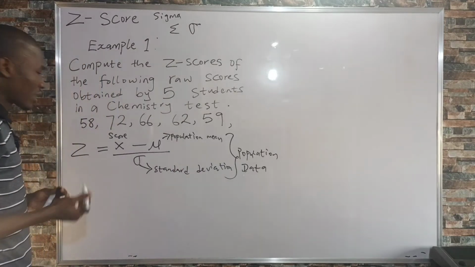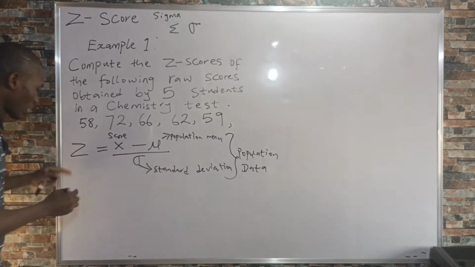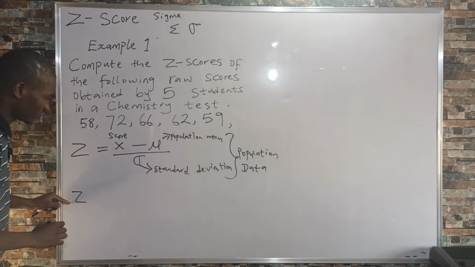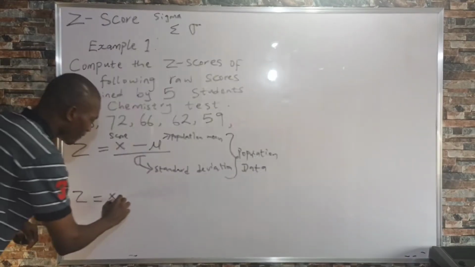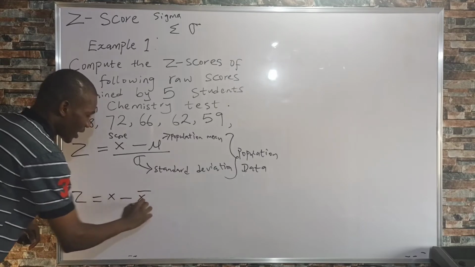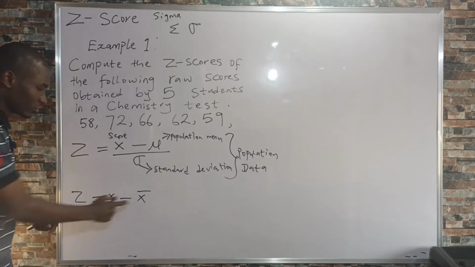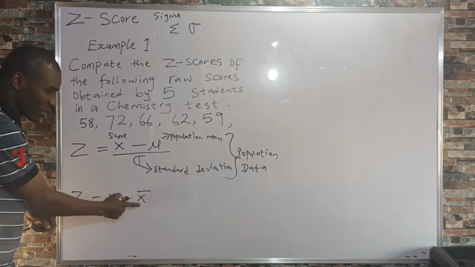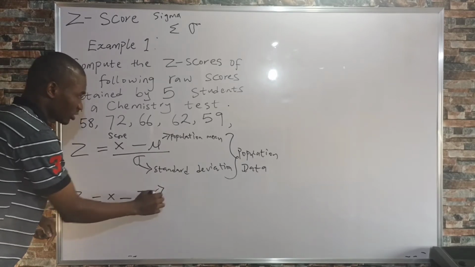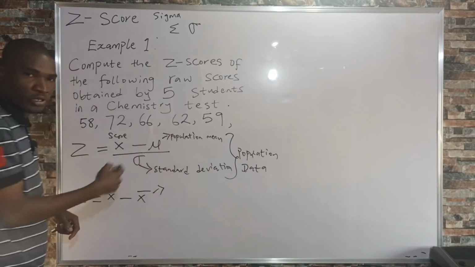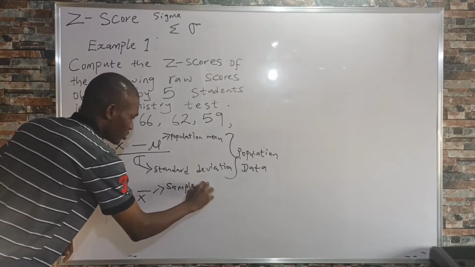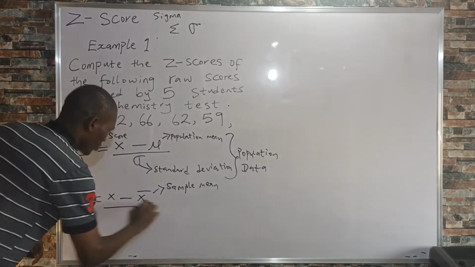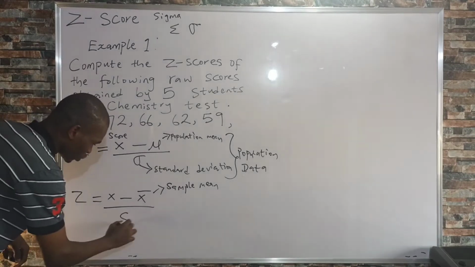But if we are calculating for the sample data, our formula will change to z equals x minus x bar, which is our mean. This x bar is not the population mean now, but the sample mean, and that is all over our standard deviation.